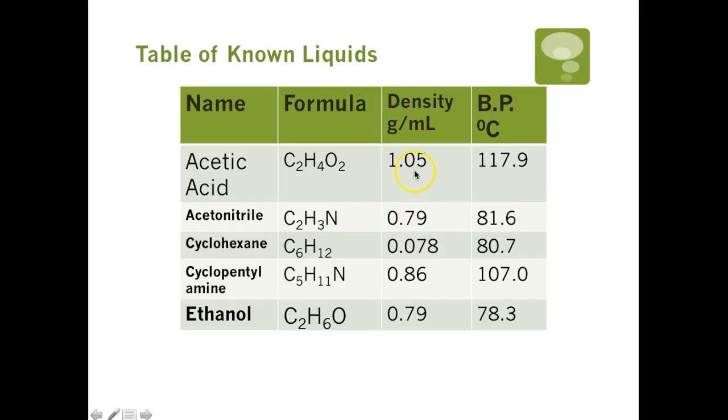Acetic acid has a comparable density with water, and these are their listed boiling points. Those boiling points seem to be relatively low except for cyclopentylamine and acetic acid, which kind of compare with water.